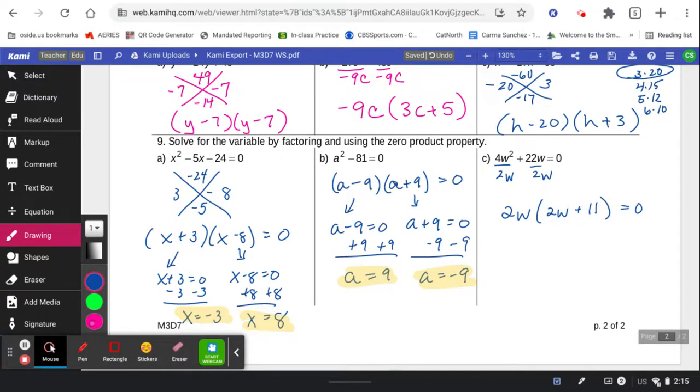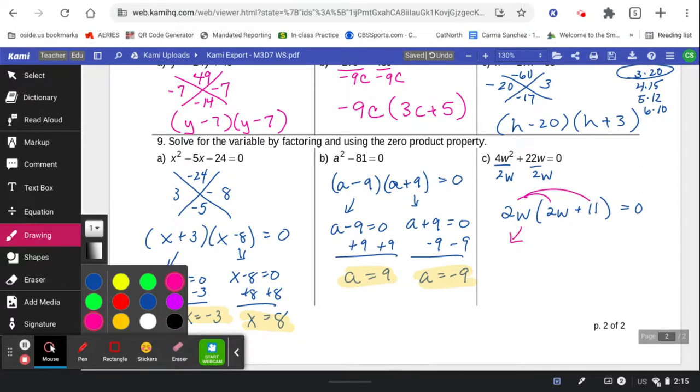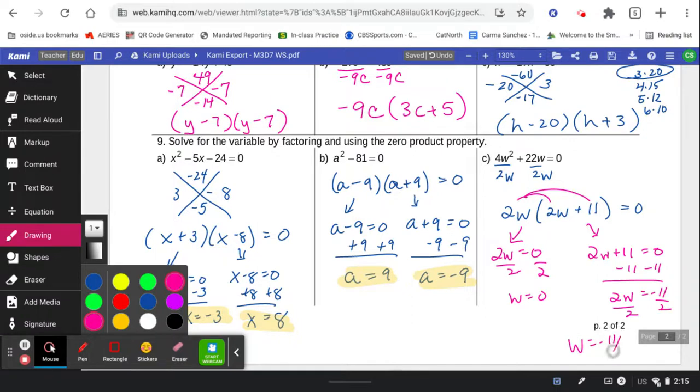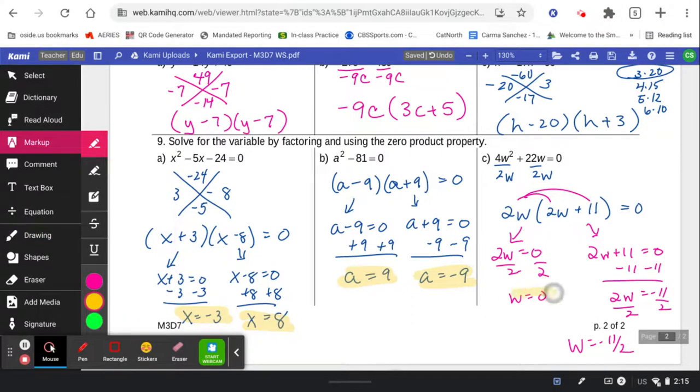Let's double check that I like these factors. 4w squared plus 22, check. Solve each piece. This last one is a fraction. I still got 2 real roots, but the last one is a fraction.